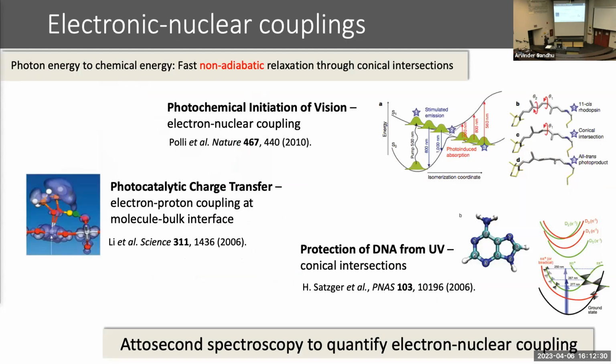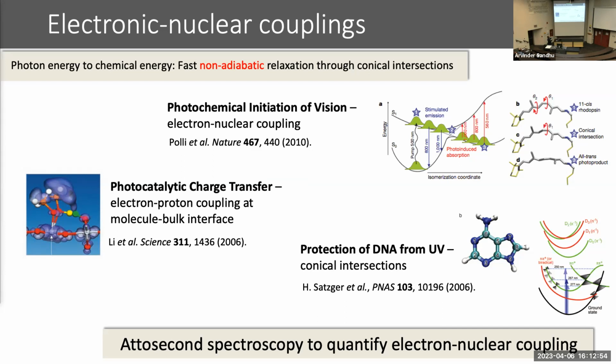If you consider the photochemistry of vision, as you are looking at these slides, the photons from these slides are going into your eye. They're exciting some protein, rhodopsin, and then the protein and the electrons in that protein relax without emitting any photons. They relax by going through these conical intersections.